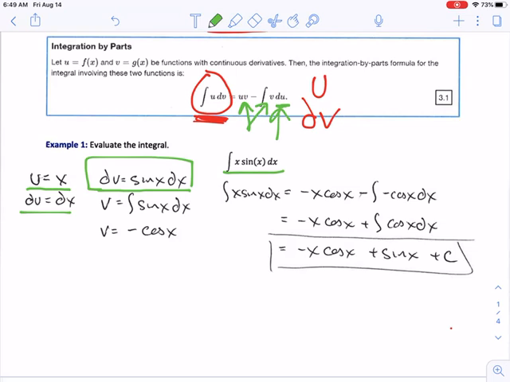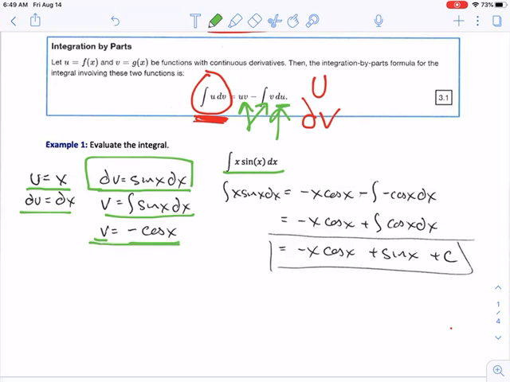So if we have the derivative of a function and we want to find v, we take the antiderivative of it. And so we're going to take the antiderivative of the sine of x. And the antiderivative of sine of x is the negative cosine of x. And that gives me my v.